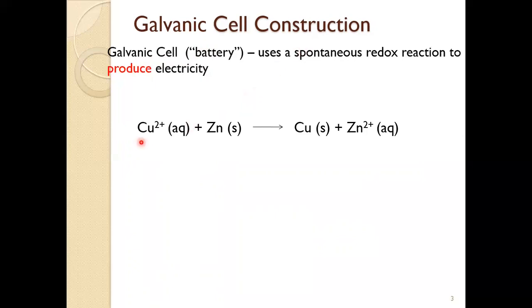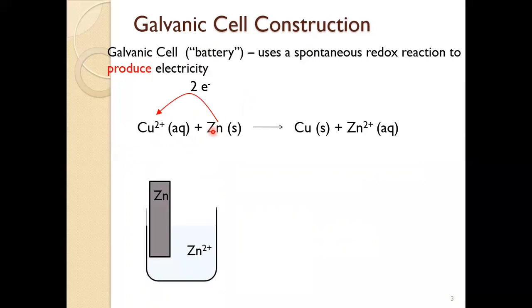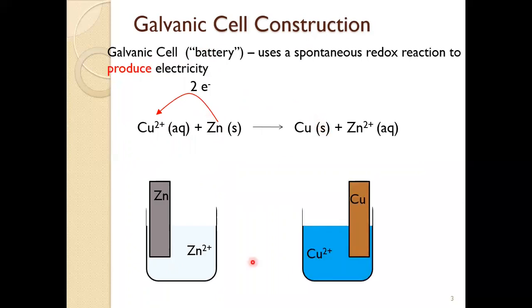So, for example, we could use this spontaneous redox reaction, this spontaneous transfer of electrons from zinc to the copper 2 plus to produce electricity. It's a spontaneous reaction, but in order to produce electricity, we have to physically separate the oxidation half reaction from the reduction half reaction. So we would physically separate the elemental zinc and zinc 2 plus ions from the elemental copper and copper 2 plus ions.